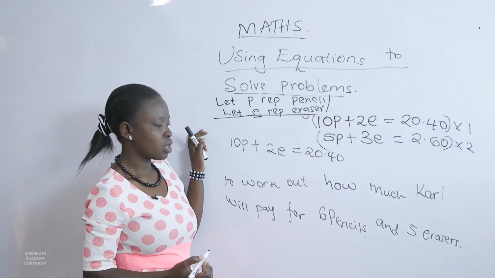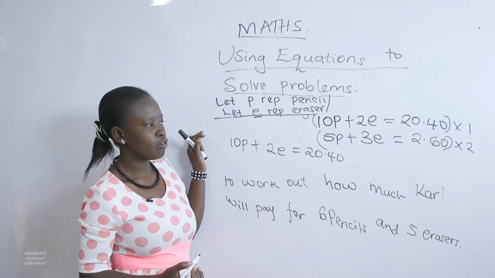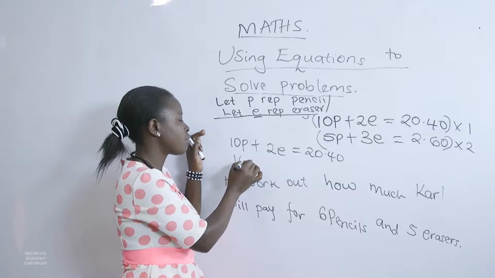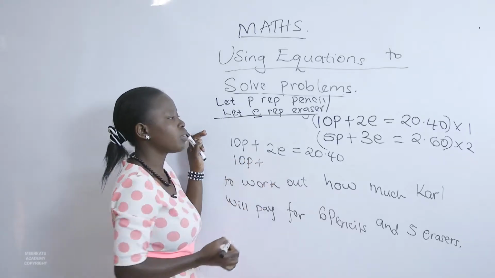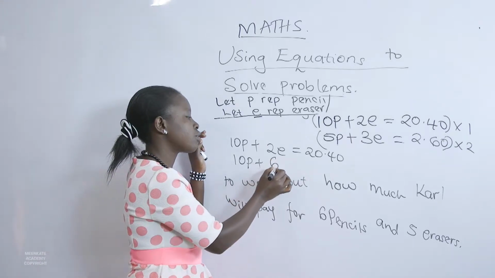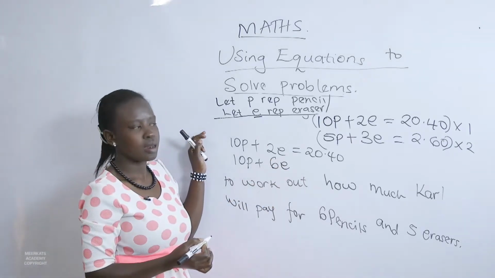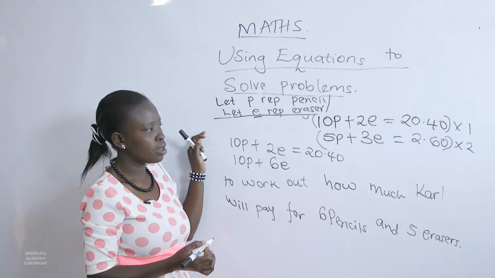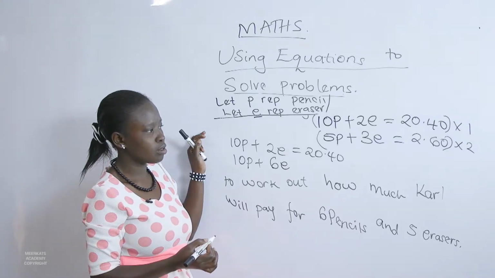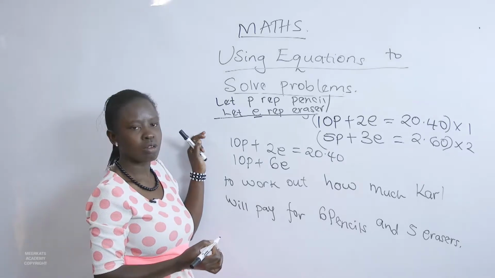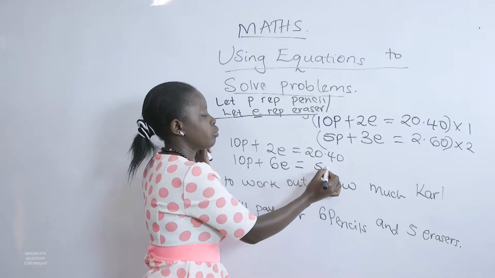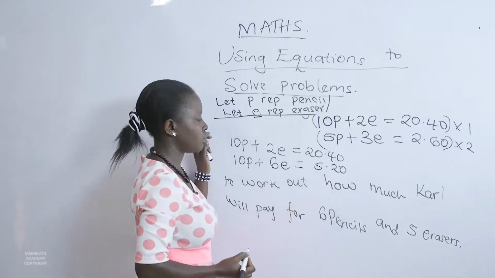Our second equation is 5p times 2, which gives us 10p. Then 3e times 2 will give us 6e. And we have 2.60 times 2, which will give us 5.20.